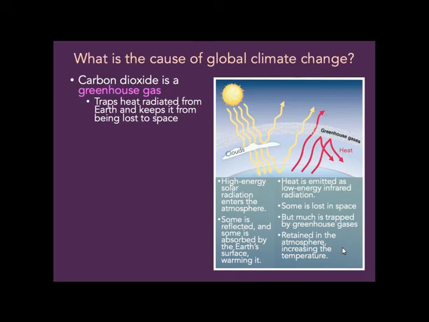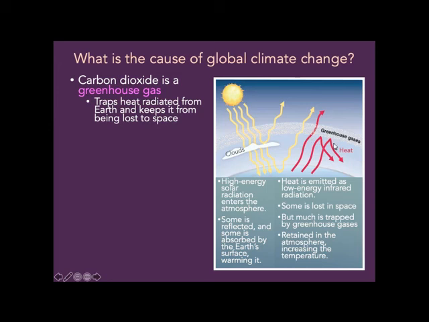All right, what causes global climate change? Well, we talked about carbon dioxide earlier in the course. Carbon dioxide is a greenhouse gas, right? By greenhouse gas, that means it is a gas that allows us to trap heat radiated from Earth and keep it from being lost into space, okay? So the sun shines on the Earth, and if we didn't have any greenhouse gases, then all of the heat would just bounce right back into space.